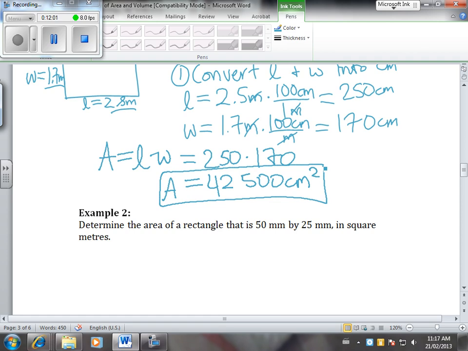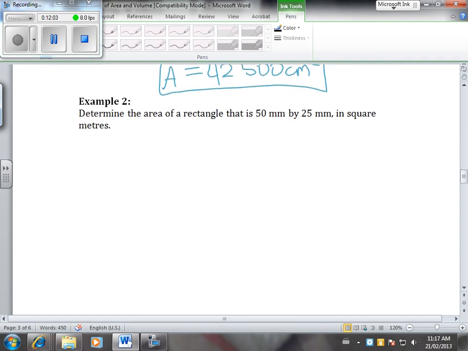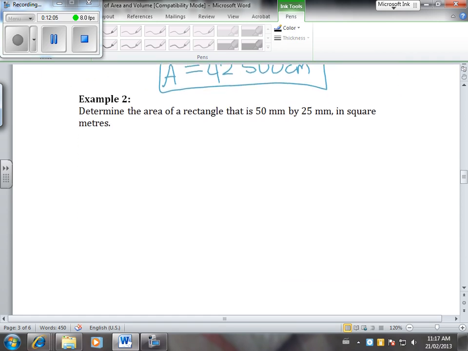Okay, so let's look at example 2. Determine the area of a rectangle that is 50 millimeters by 25 millimeters in square meters. Remember that meters are way bigger than millimeters, so we'll probably end up with a really small number. So let's see if we do. We draw a rectangle, and it will be 50 millimeters for our length and 25 millimeters for our width.